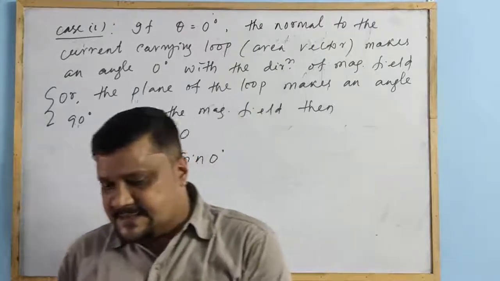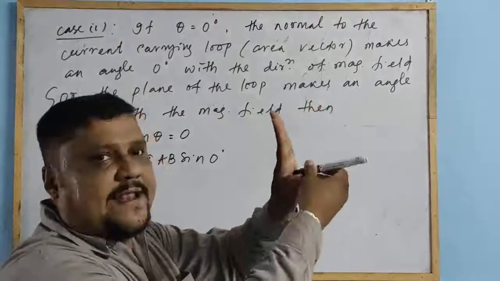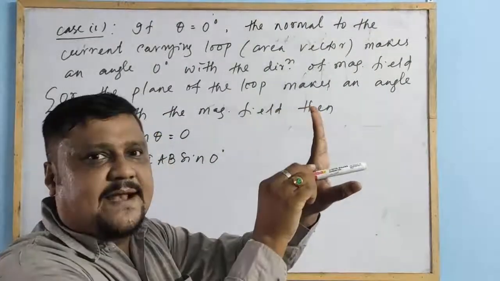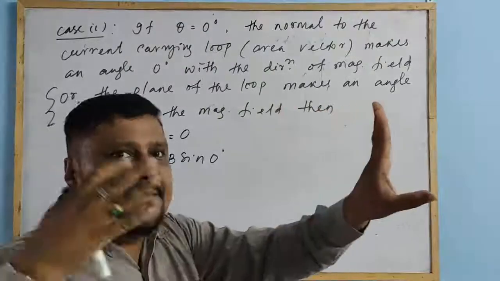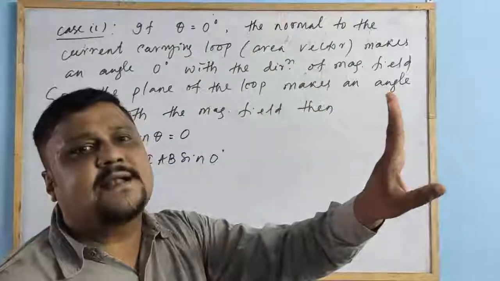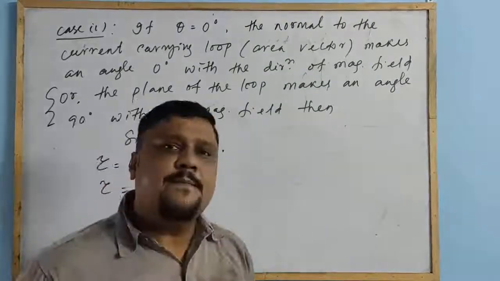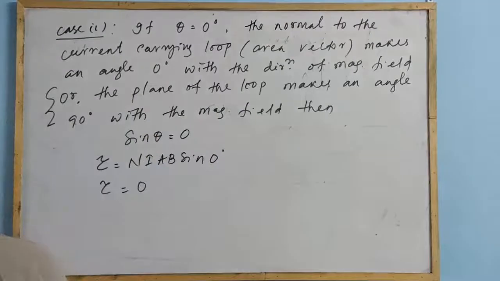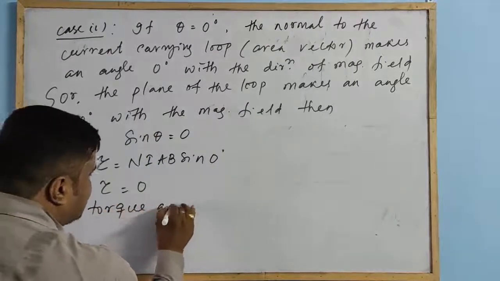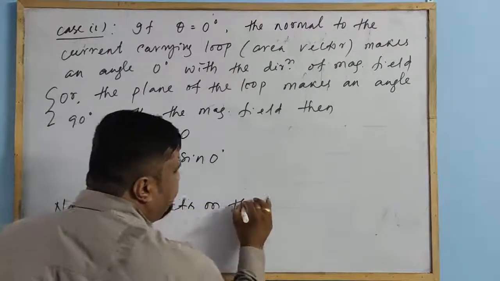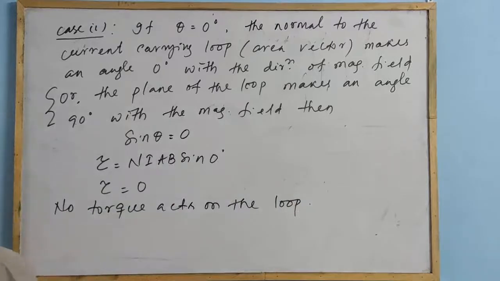Clear? So if the loop is placed like this, the area vector is along the direction of the magnetic field, or the plane is perpendicular to the magnetic field, there is no torque acting on the loop.